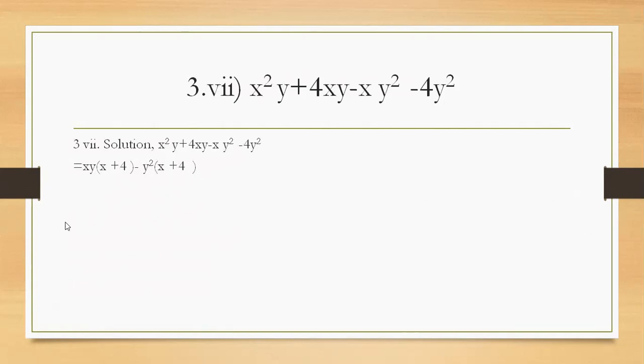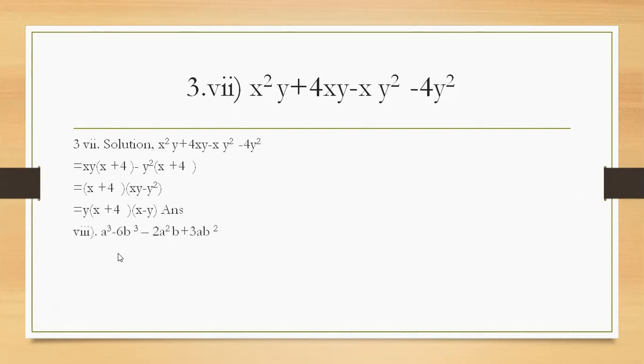Now x plus 4 is taken common. Then xy minus y square here. Again, can you tell what is common in the second bracket? Kelvin, can you tell? Sir, y. Very good, y. Then here x plus 4 is left and here the remaining is x minus y. These are the three factors of this question.